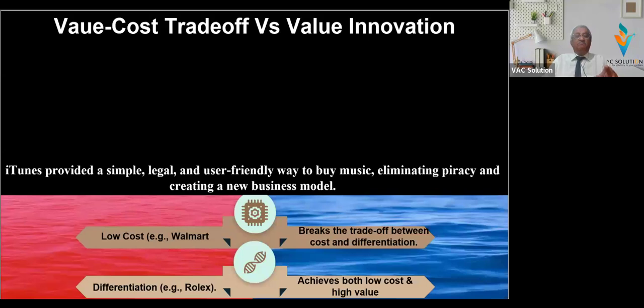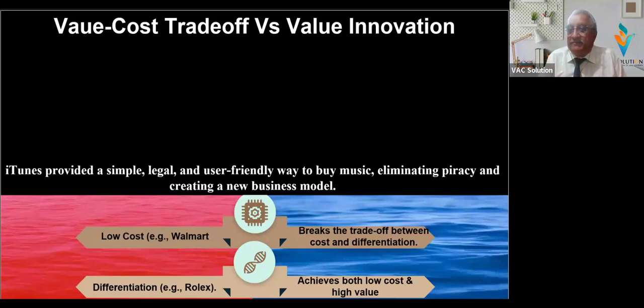iTunes provided a simple, legal, user-friendly way to buy music, eliminating piracy and creating a new business model, and it was not economical. It was very profitable for Apple. Remember one thing, when we talk of cost, we are talking about the manufacturer. Price is for the customer, cost is for the manufacturer.